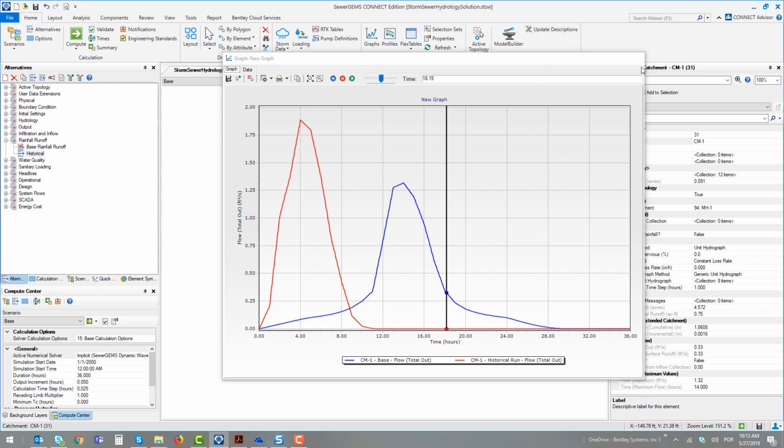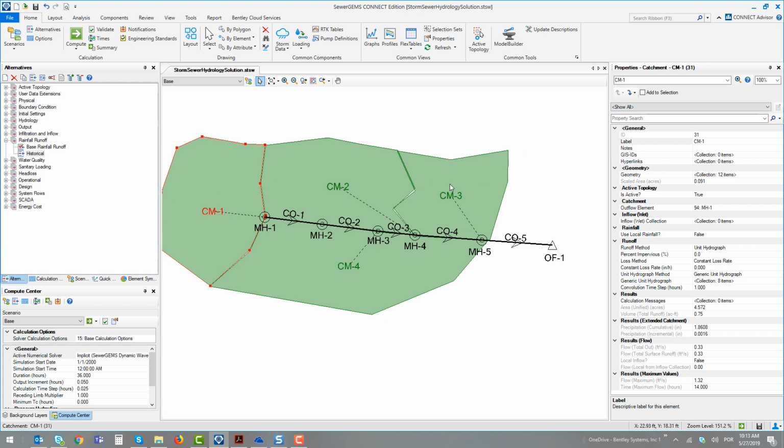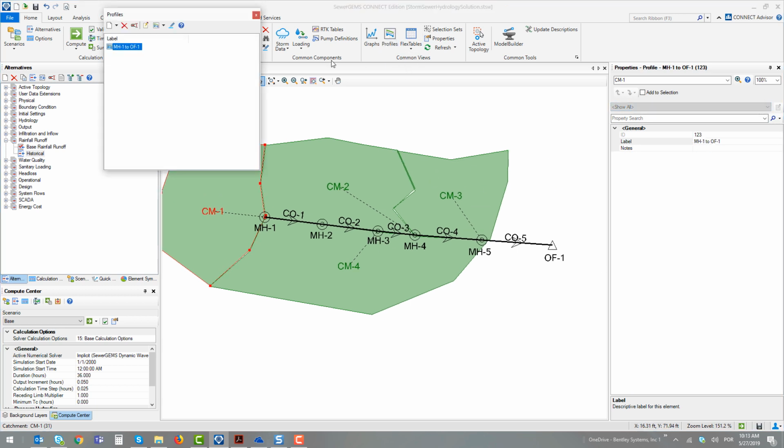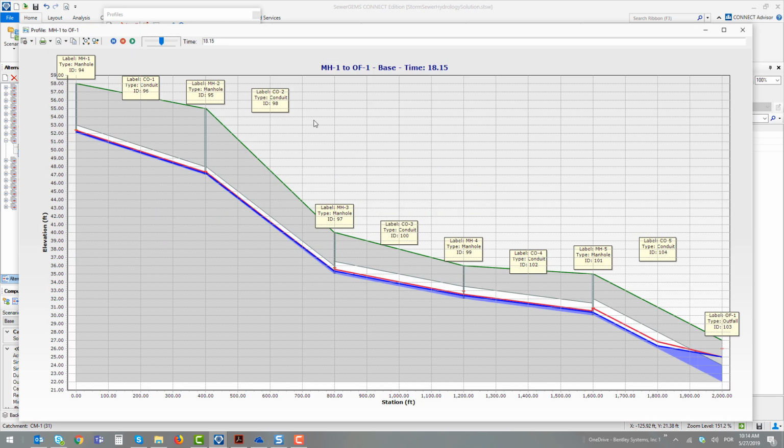We can also understand what's happening if we create a profile. So creating a profile along this conduit line, we could see that the storm event has a peak flow.